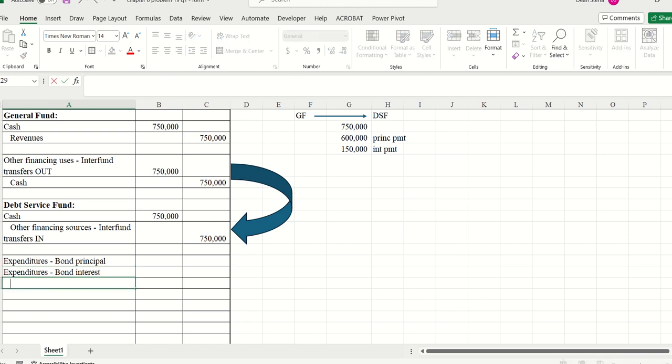And what are we paying it with? Cash, right? The bond principal, again, they told us was 600. The interest was the difference, and that totals the 750 that was transferred in.